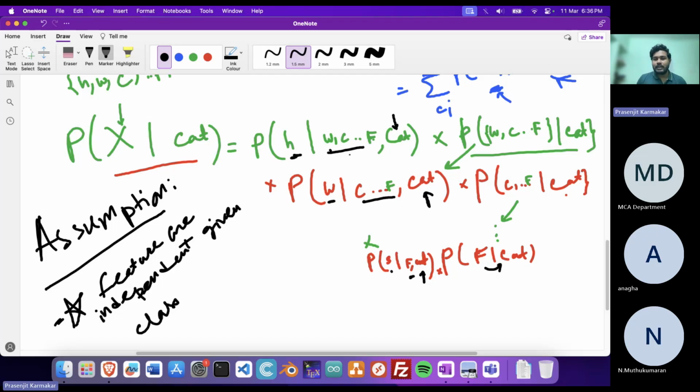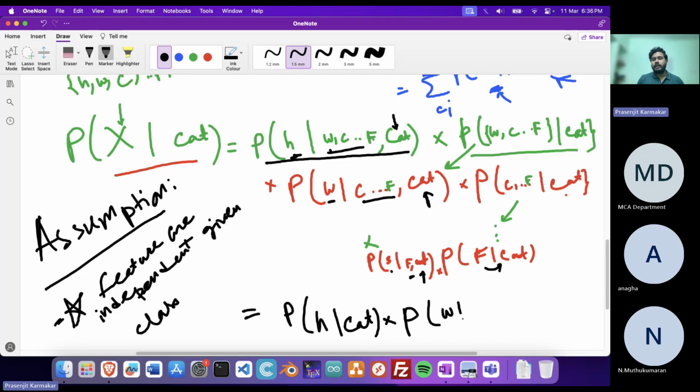So now if it doesn't depend on this, how can I simplify this? The entire probability can be directly written as probability of height given cat, right? Similarly, I can also write probability of weight given cat for this one.